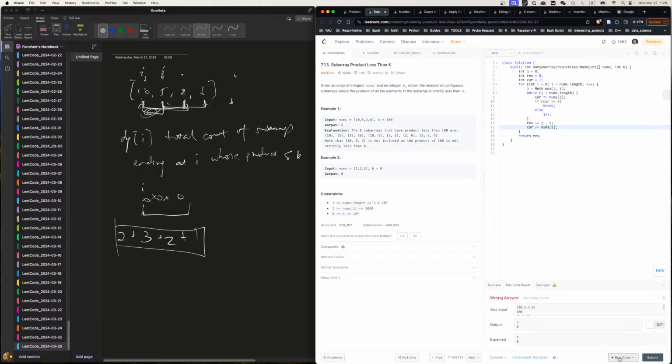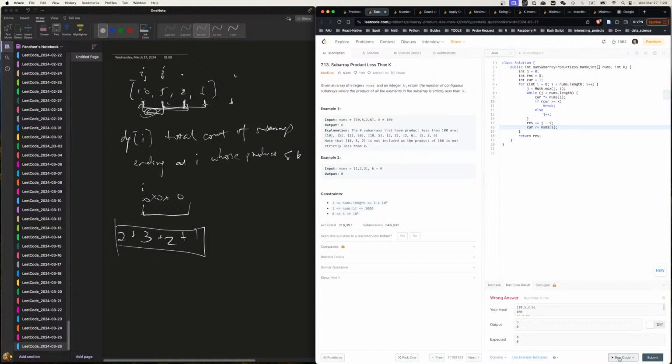So basically it's 100, right? So it divided by 10. So we have 10, right? So J should be 2. Then we have a 10. Now we have 60, right?